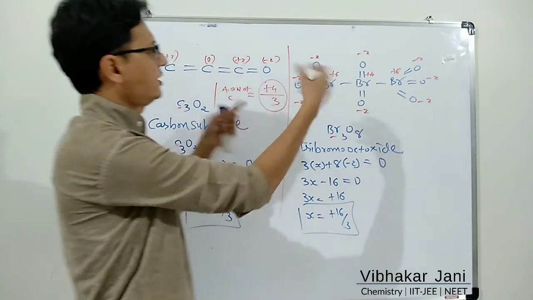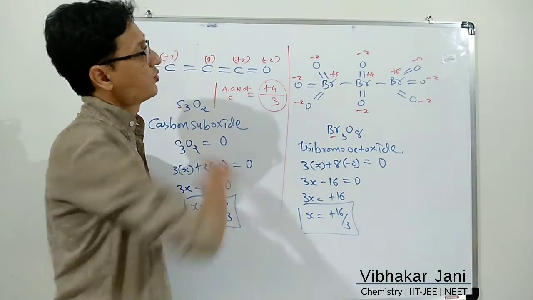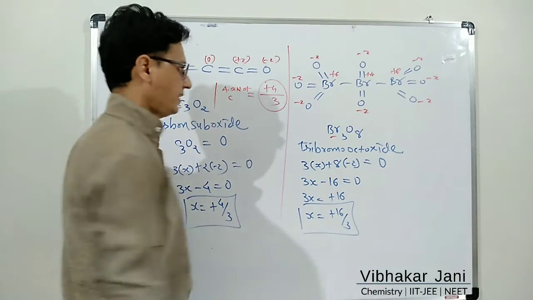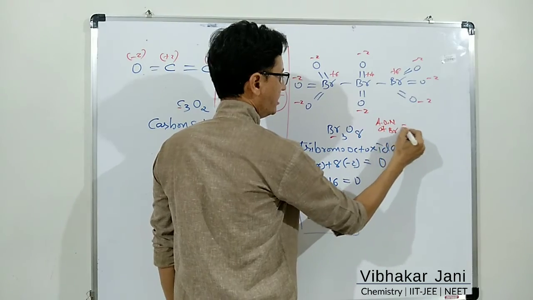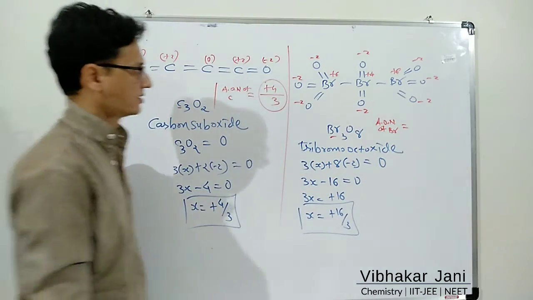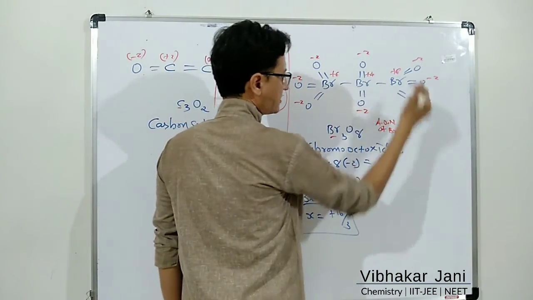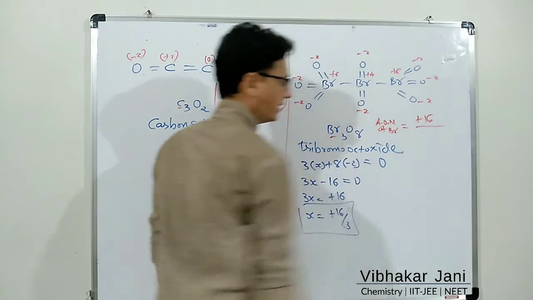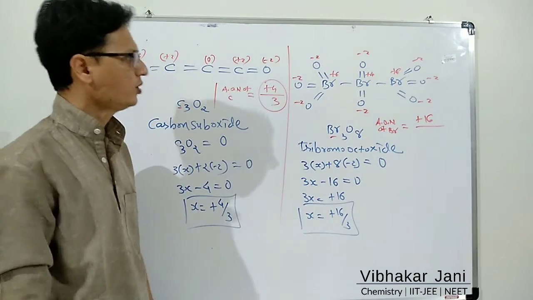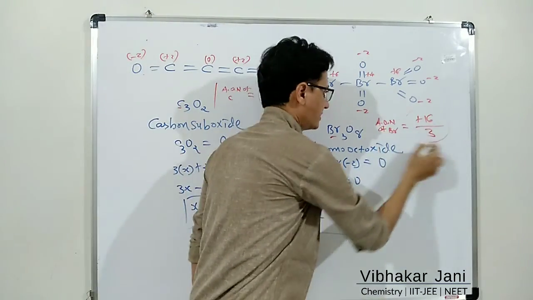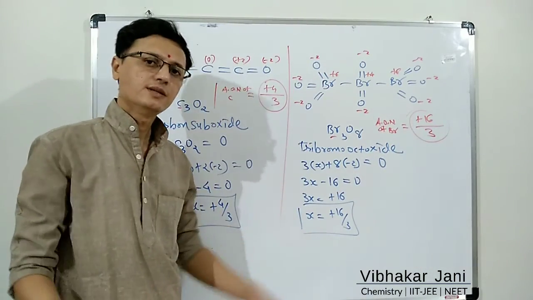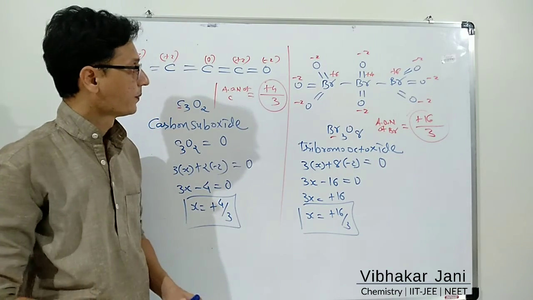Okay. So these are the oxidation states of all the elements. Now let us find the average oxidation number of bromine: total charge 6 plus 4, 10 plus 6, that is plus 16, divided by total number of bromine, which is 3. So it is plus 16 by 3. This is the average oxidation state.